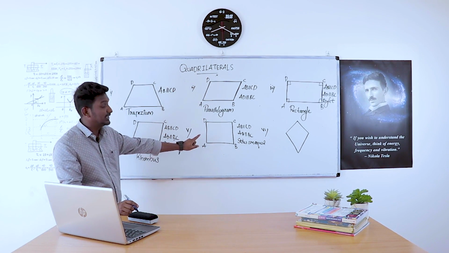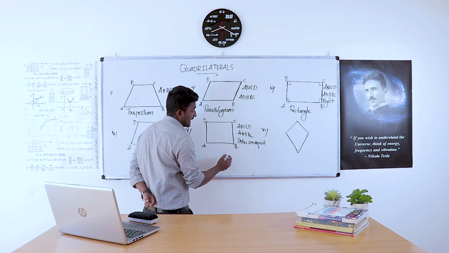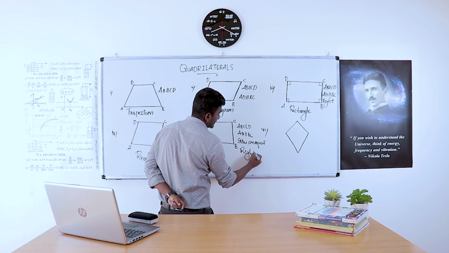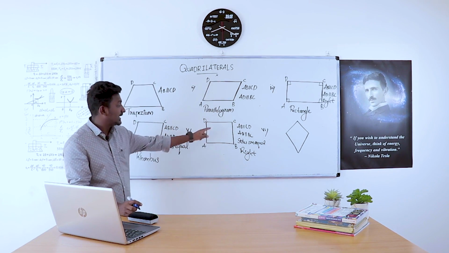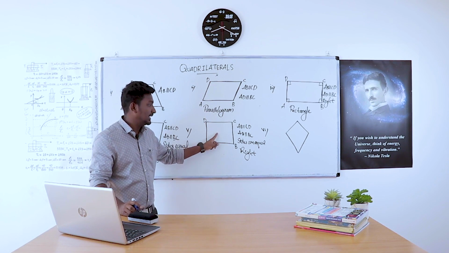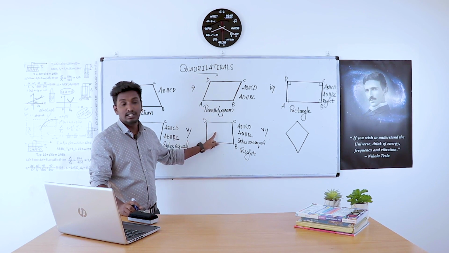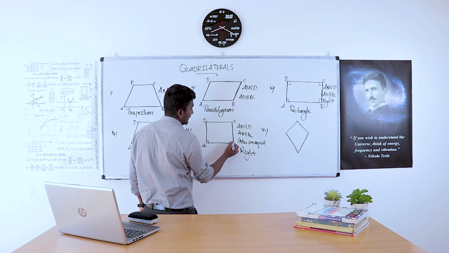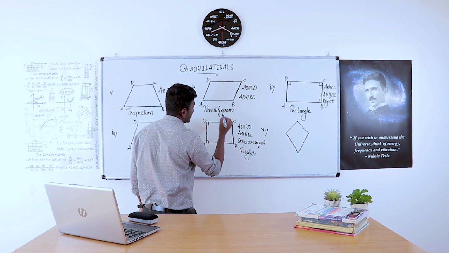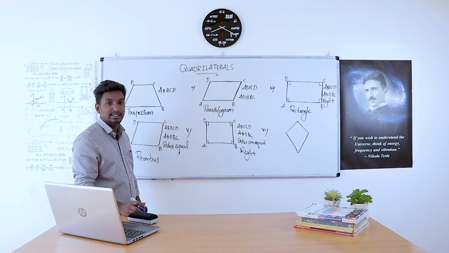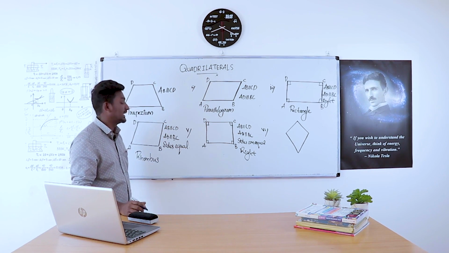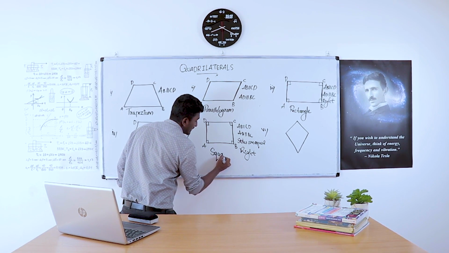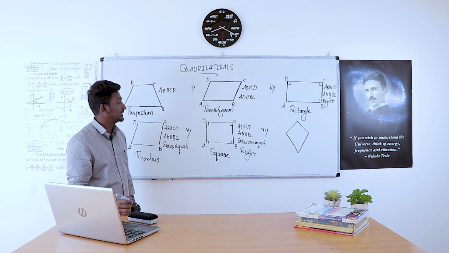Then any other specialty for this figure? Now look, all angles are right angles. So opposite sides are parallel, all sides are equal, and all angles are right angles. Then this quadrilateral can be called a square.